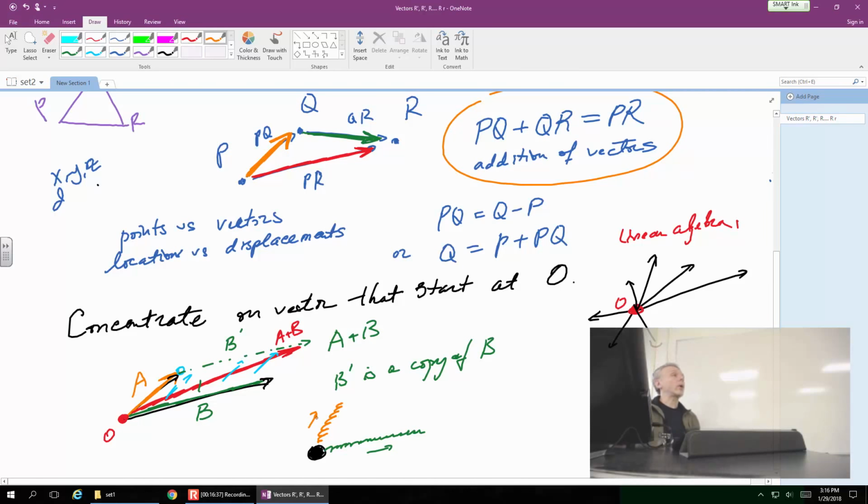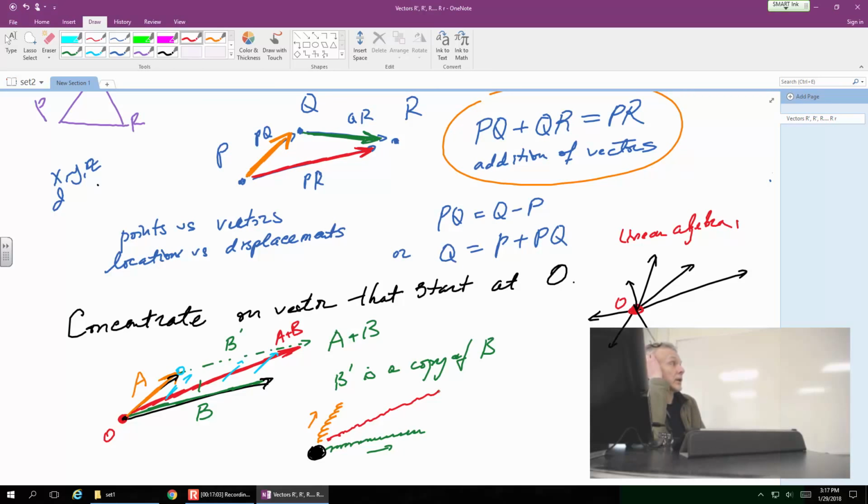So you know what the end result will be. It will be pulling in a direction in between the two, depending on how hard it is being pulled in these two directions. That will be as if you have another spring in between. Okay, so that's how we understand adding vectors.